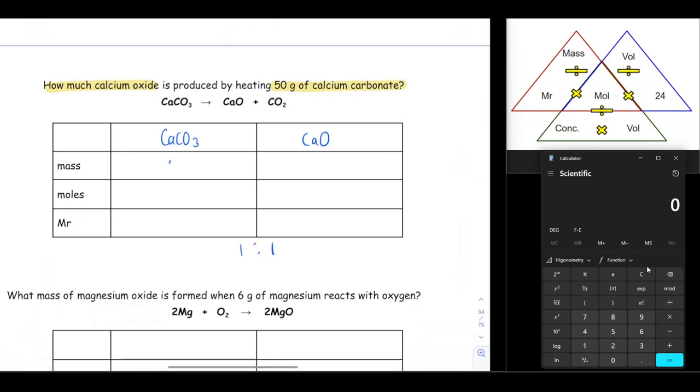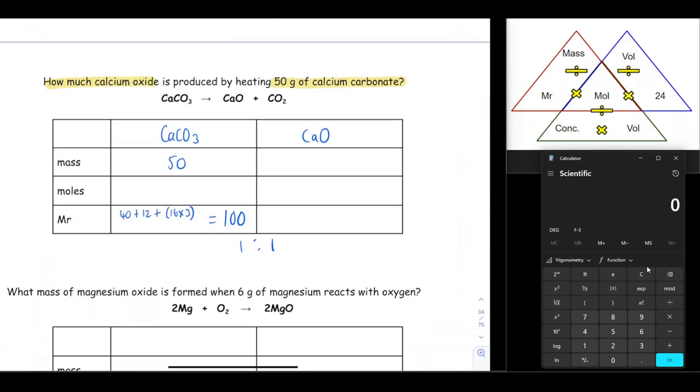So we've got 50 grams of that. Calcium MR is 40 times, no, not times 12, silly Mrs. Baker, 40 plus 12 plus 16 times 3. That gives us 100. I'm a nerd, so somehow I remember calcium carbonate. Nice round number. Calcium oxide is 40 plus 16.